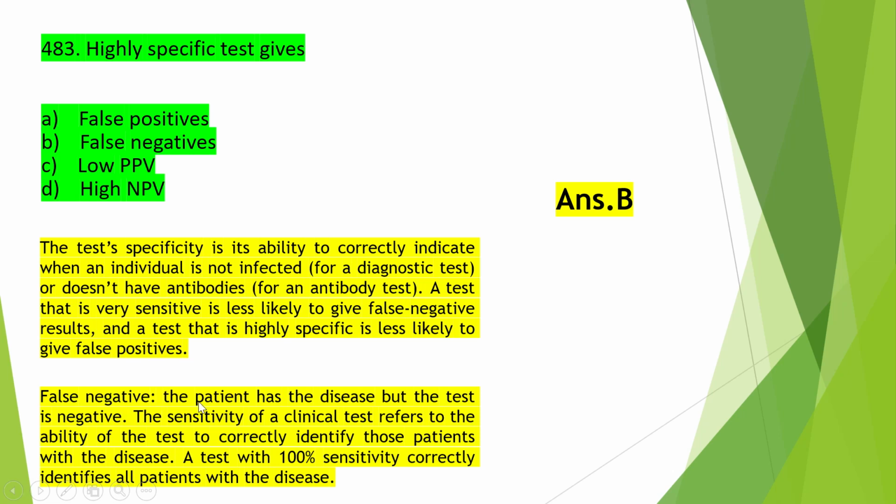So false negative, the patient has the disease but the test is negative. So the sensitivity of a clinical test refers to the ability of the test to correctly identify those patients with the disease. A test with 100% sensitivity correctly identifies all patients with the disease.